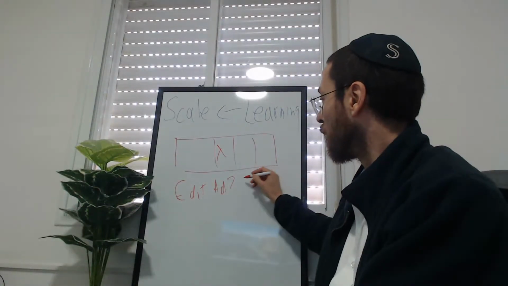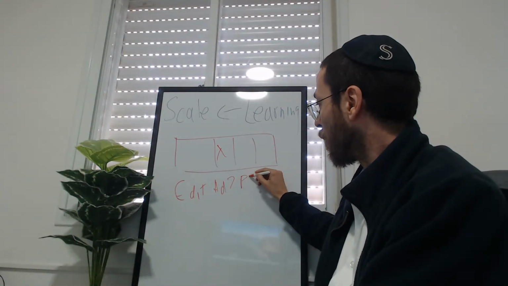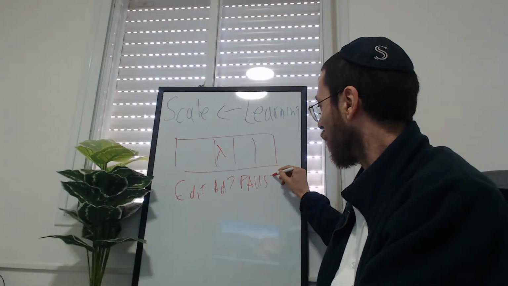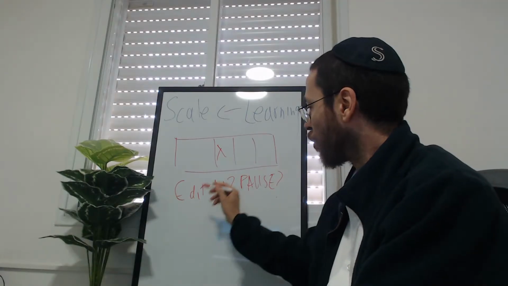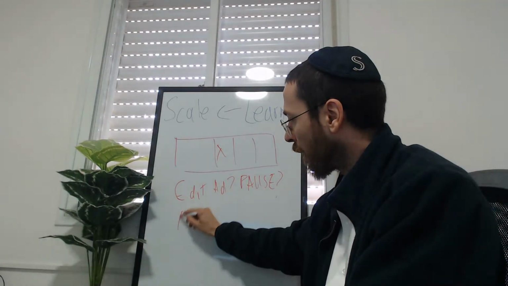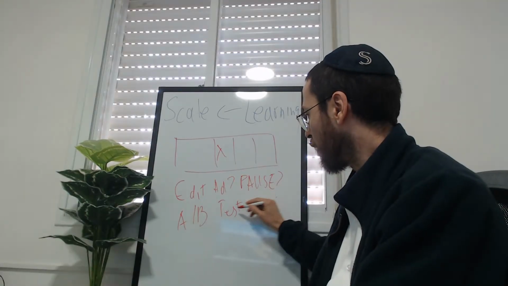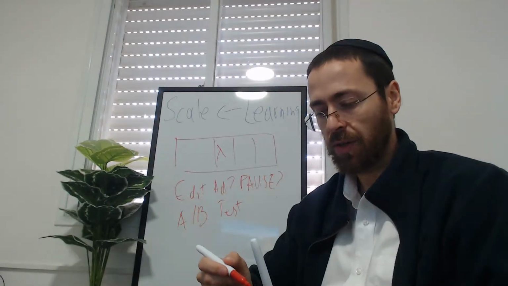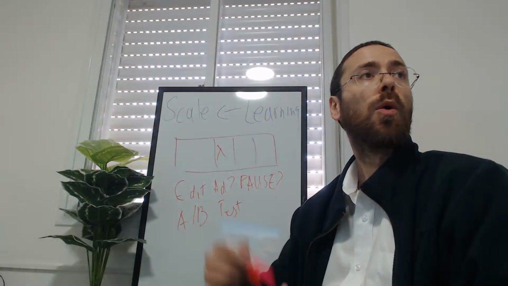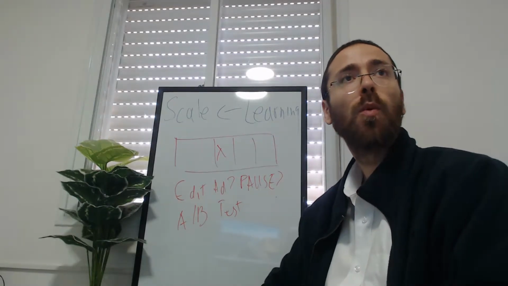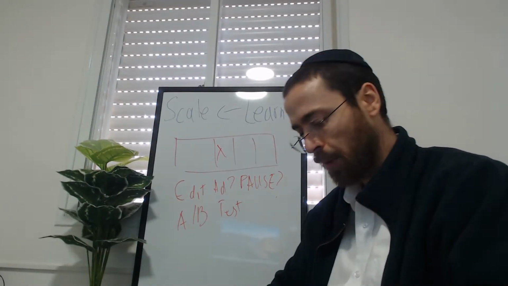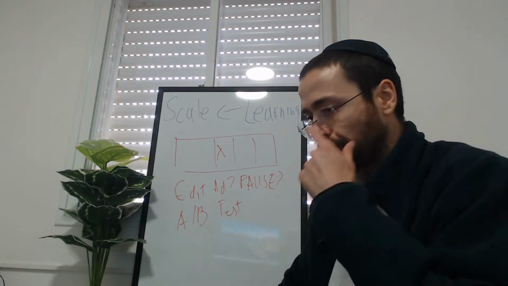Should you pause? Should you A/B test with a different creative that has a different set of products? What is the right approach over here when one of your products in your sponsored brand goes out of stock?